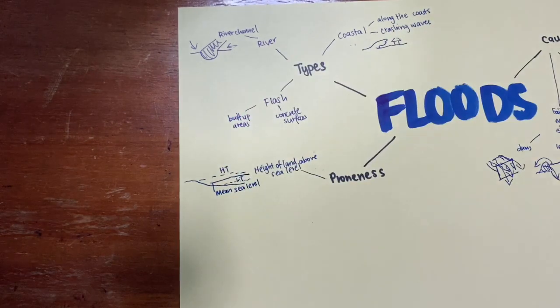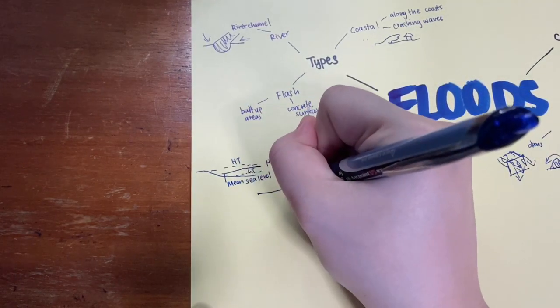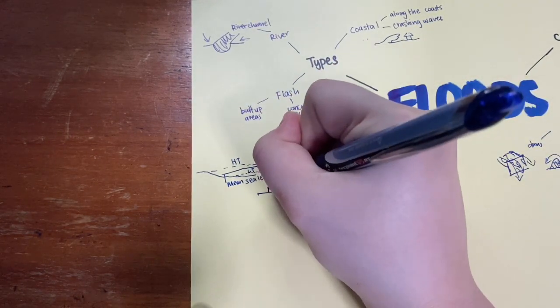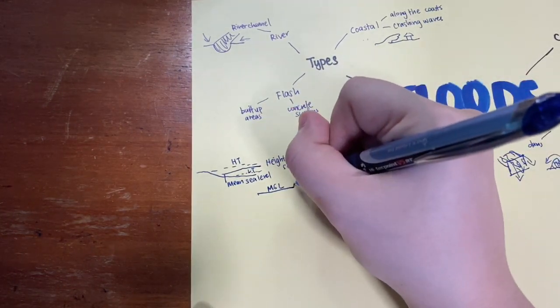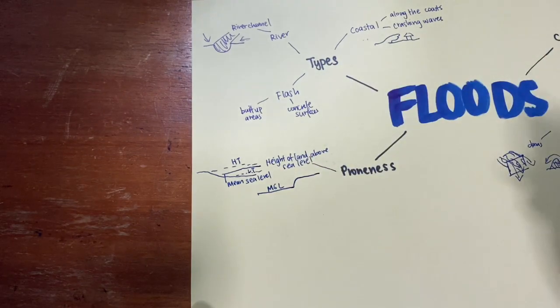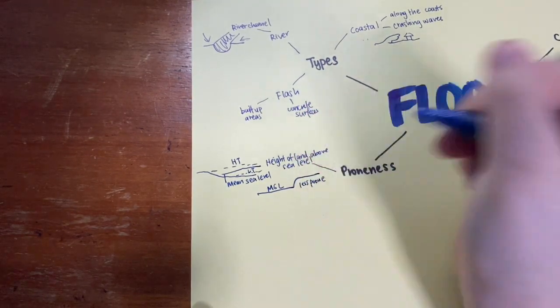Okay, so say this line is our mean sea level. If your land is above sea level, you are less prone to floods.